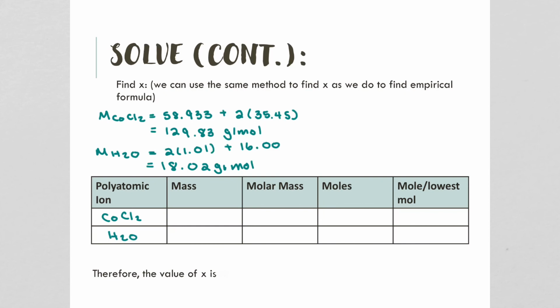We had 38.2 grams of cobalt 2 chloride and 31.8 grams of water. The molar mass of cobalt 2 chloride is 129.83. The molar mass of water is 18.02. So now we can find the molar amounts.